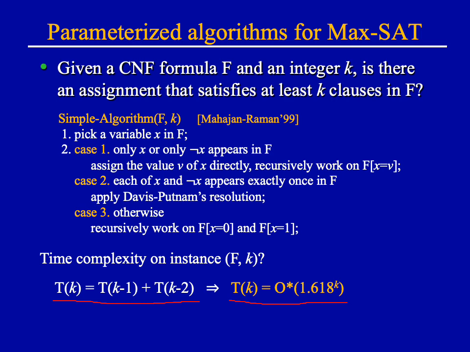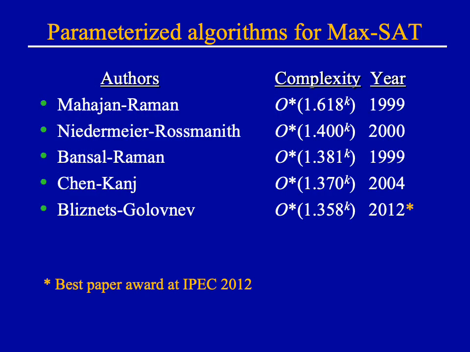So again, can you do better? Yes. There is also a line of improvements on this. We developed our algorithm about 15 years ago. The complexity of this algorithm is 1.370 to the k, which was improved after about 8 years.